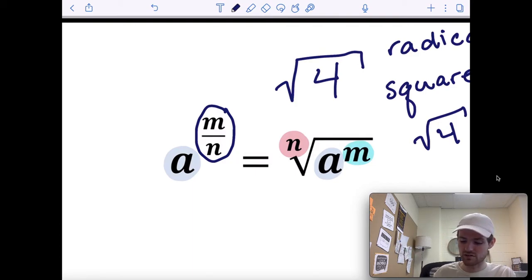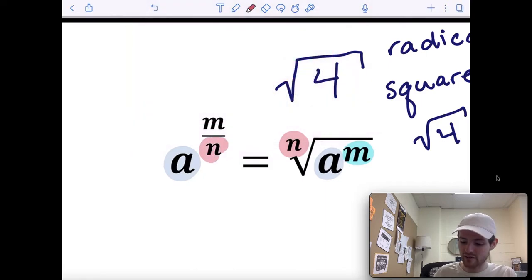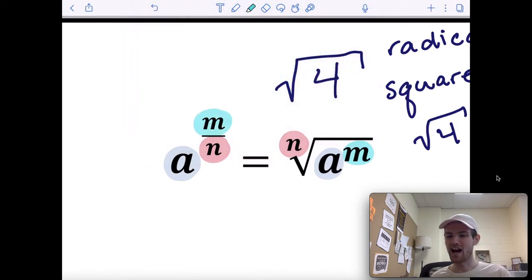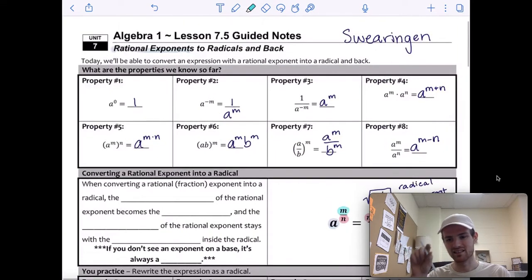That's what we're talking about today. When we have fractions like this, we can call fractions rational. That's why we call today rational exponents. It's because the exponents are fractions.